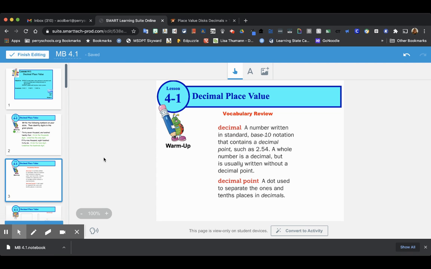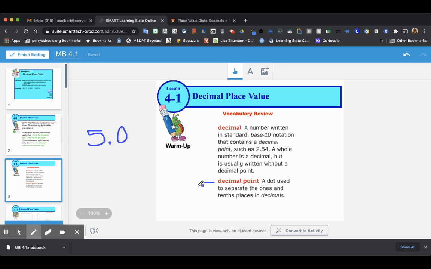So like 5, we would have the whole number of 5. That can be a decimal because we can write it just as 5, or we can write it as 5.0. Okay, this would be spoken as 5 and 0 tenths, or just 5.